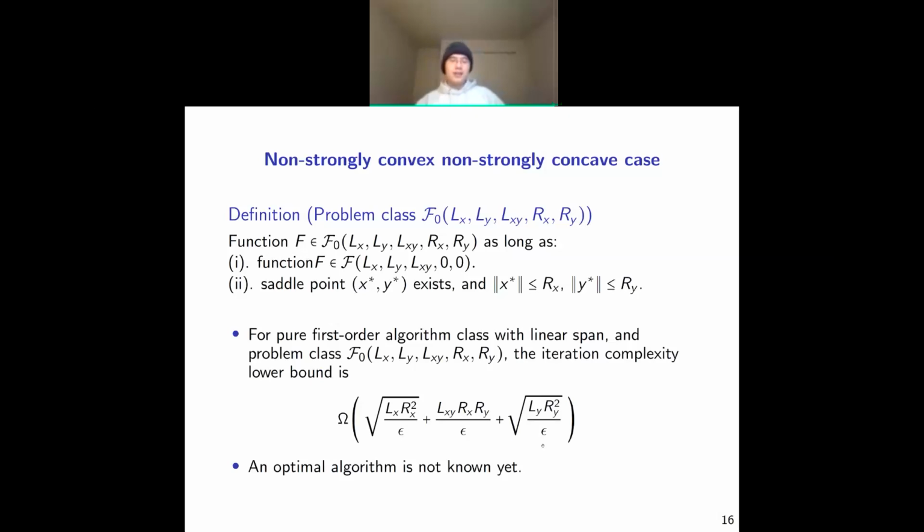And probably an almost tight algorithm might be derived from the almost tight algorithm for the strongly convex, strongly concave case by adding some quadratic perturbations. But the exactly optimal algorithm that matches this lower bound is not known. So in this case, the problem is still open.